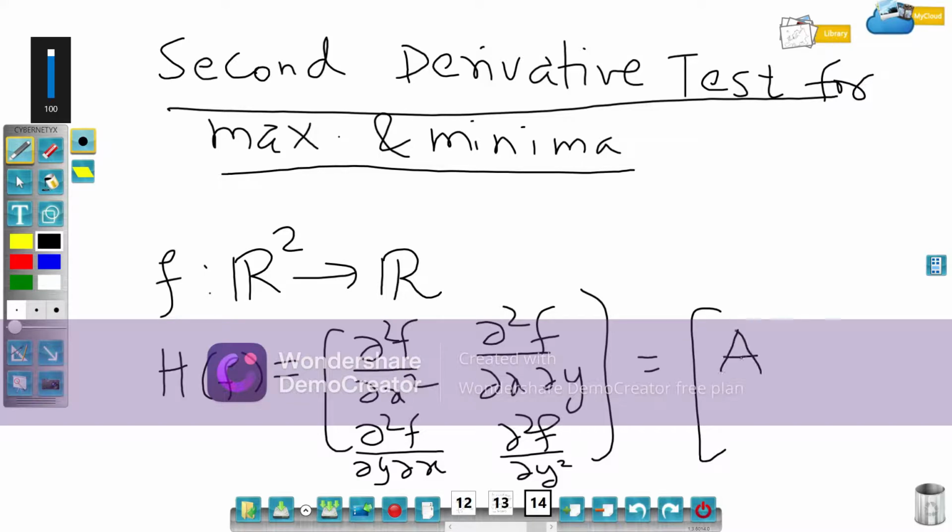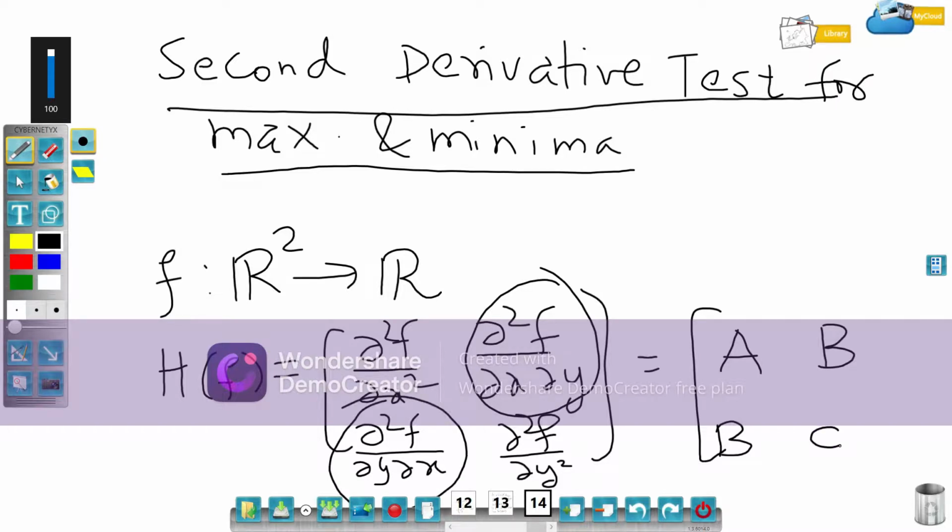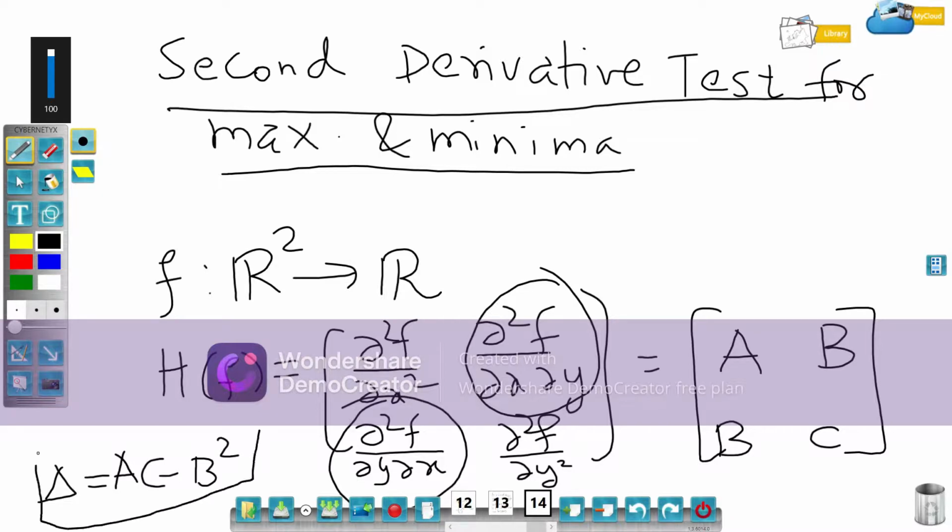I will call this A, this B, because they are the same, and this C. So the delta, which we will call the determinant of the Hessian matrix, is AC minus B². So this is how the delta will look.